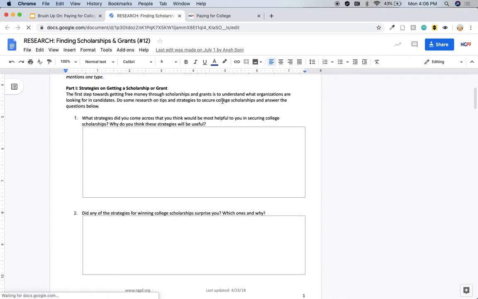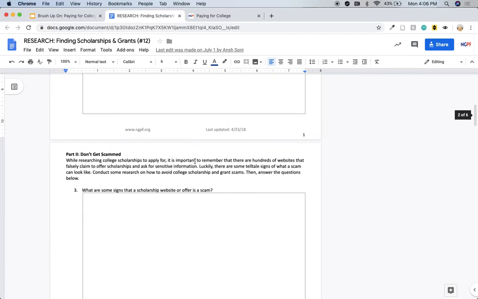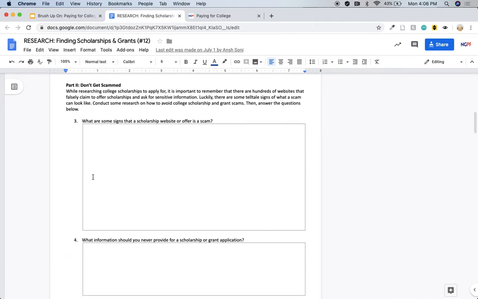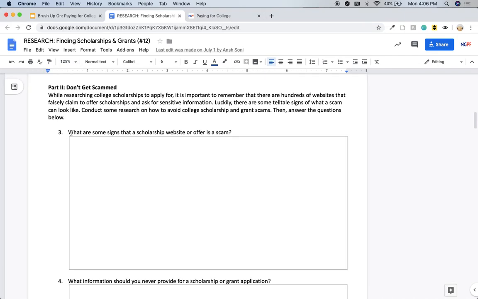So they first brainstorm strategies on getting a scholarship or grant. They also spend a good amount of time learning about scams that they may see, because a lot of people unfortunately do take advantage of the fact that students are younger, they may not be aware of scams, and so they'll collect personal information from students.